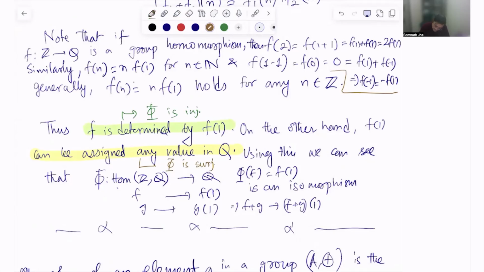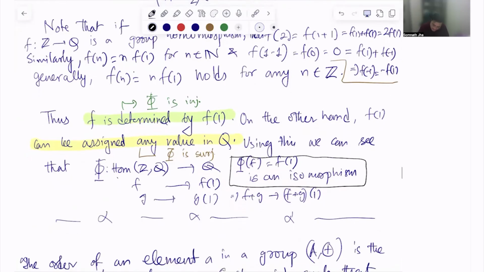Phi is injective and phi is surjective. So we get that this is an isomorphism. So Hom of Z comma Q is actually isomorphic to Q.